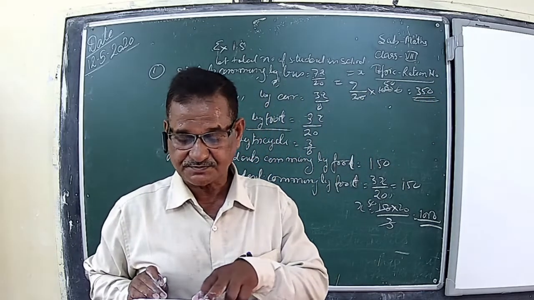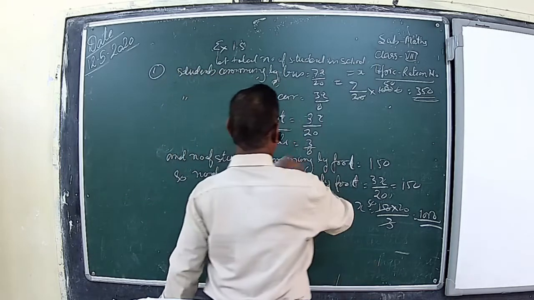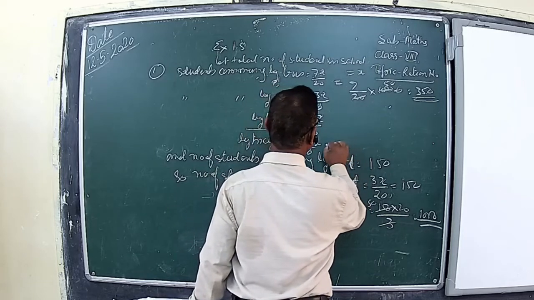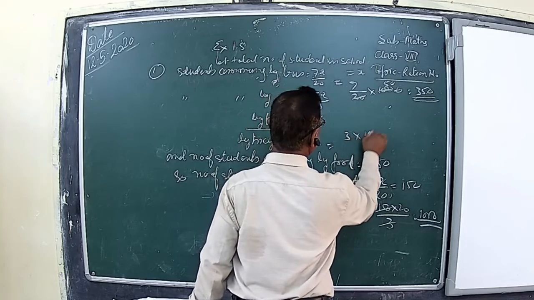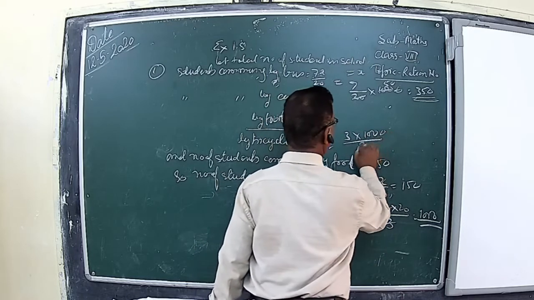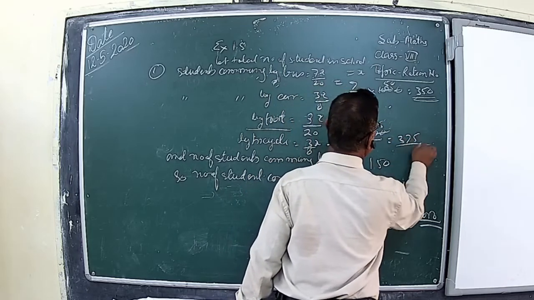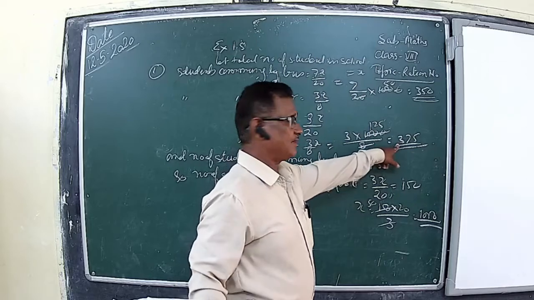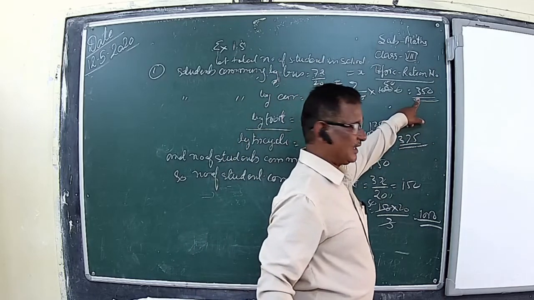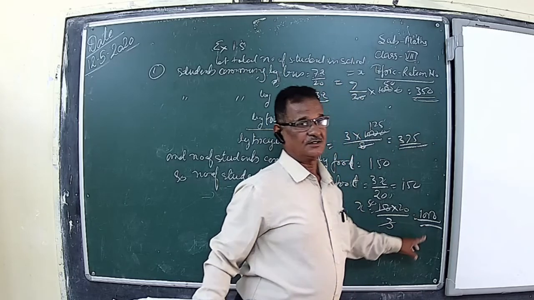Third, asking for bicycle. The number of students coming by bicycle is equal to 3 into 1000 divided by 8, that is 125 times 3, then 375. So 375 students come by bicycle, 350 come by bus. Total number of students is 1000.